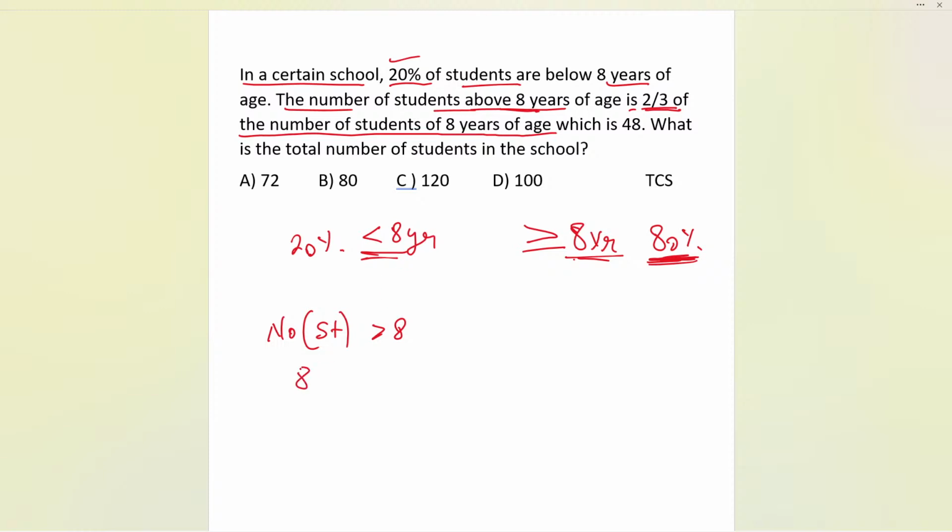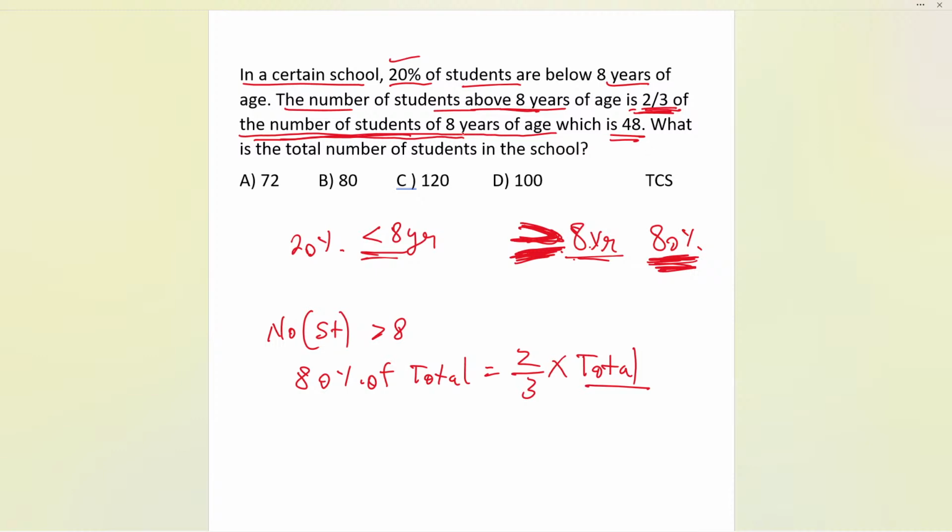Now, if I talk about 80% of the total students, that will be equal to what? 80% are greater than or equal to 8 years. So first, let us write only for greater. For greater, we have a condition given, that is 2/3 of the number of students. Here it is given that the number of students of 8 years of age is 48.